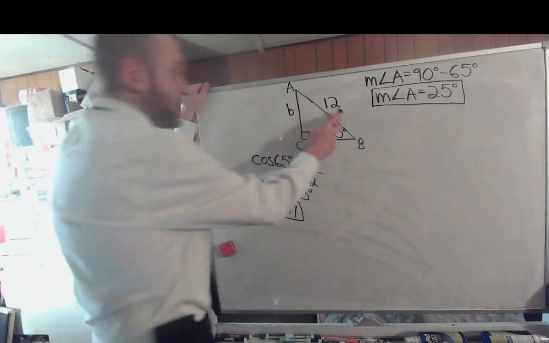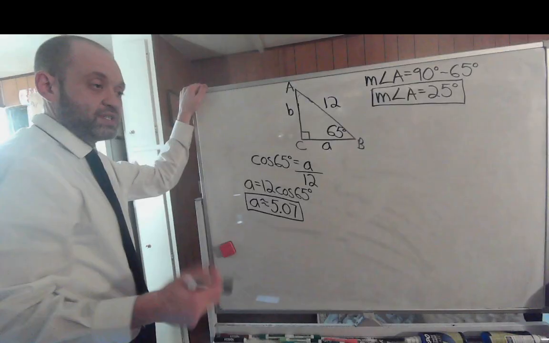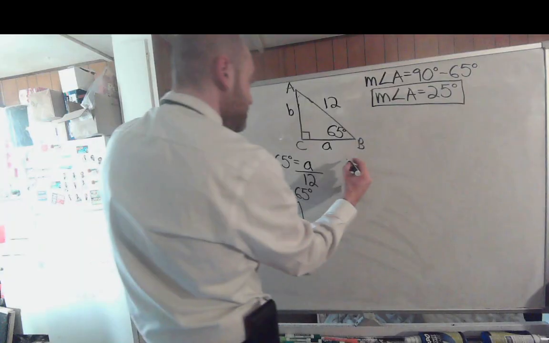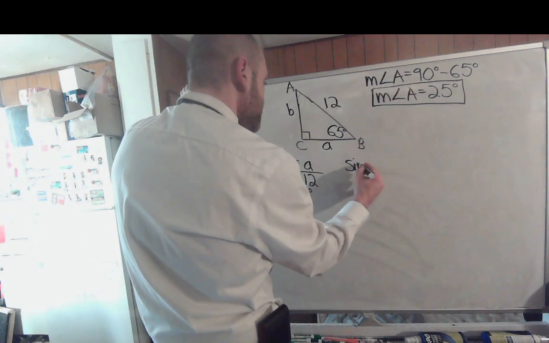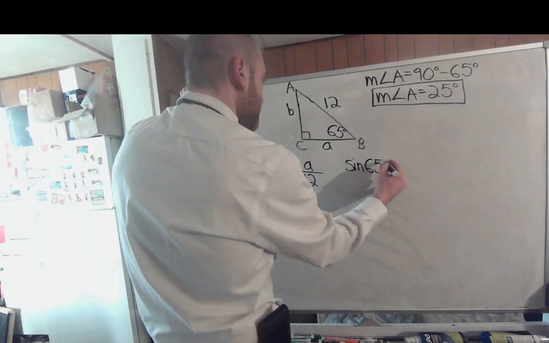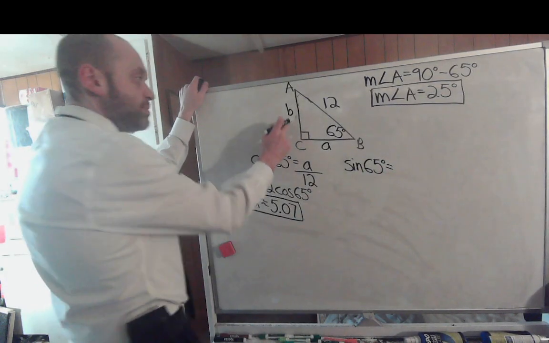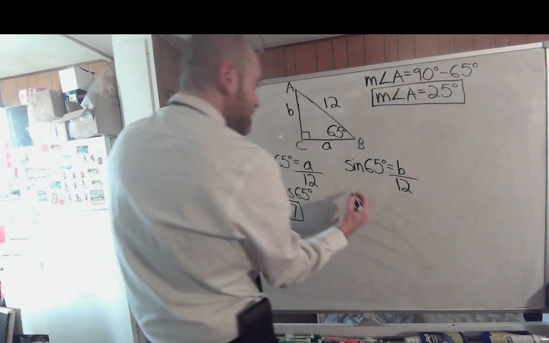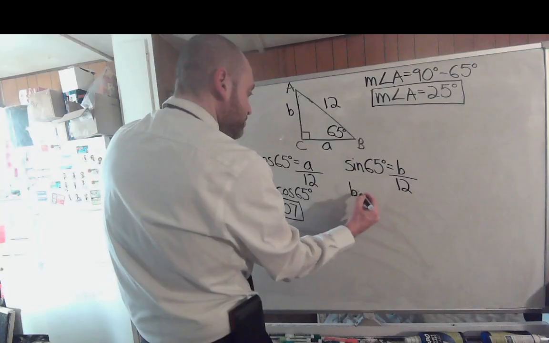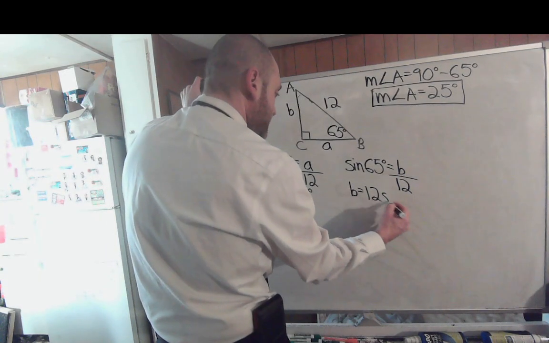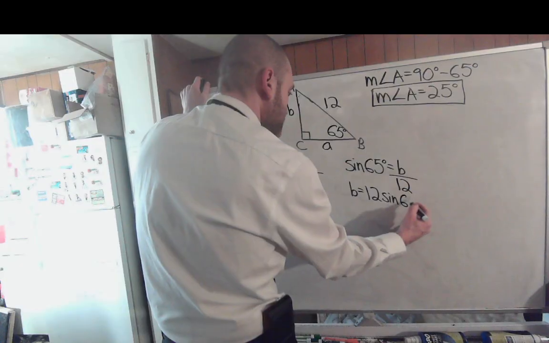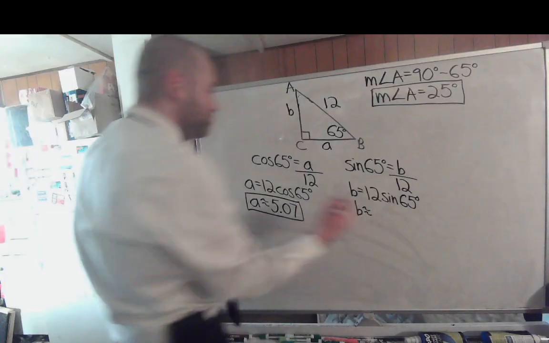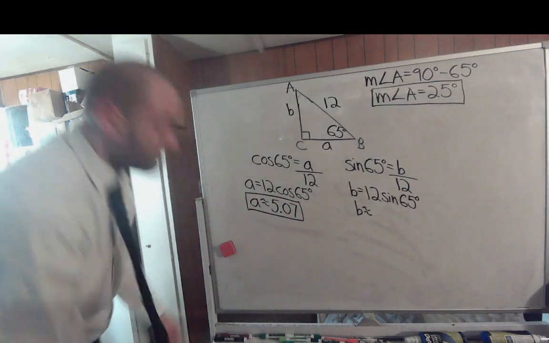Well, again, we know the hypotenuse, but we don't know the opposite side. But sine is opposite over hypotenuse, right? So if we take the sine of 65 degrees, that's equal to your opposite side of B over your hypotenuse of 12. So B would equal 12 times the sine of 65 degrees, which now we just compute this, we can get a 2 decimal place approximation for our answer.